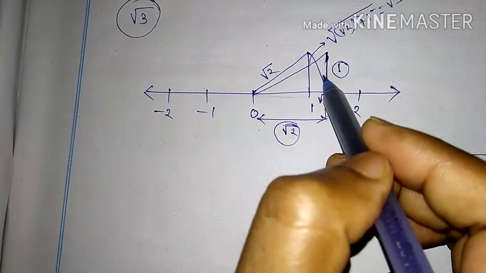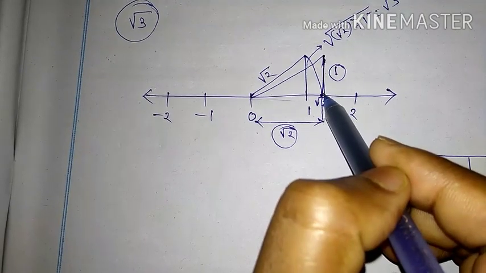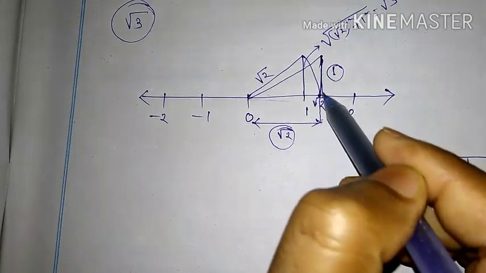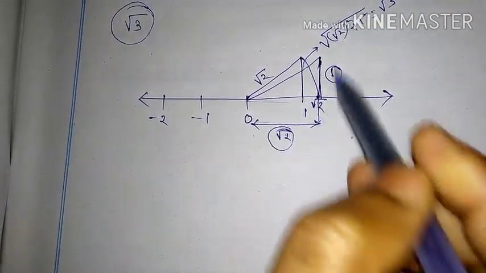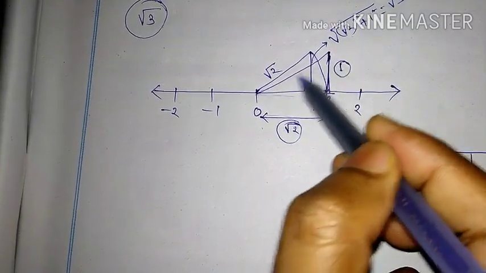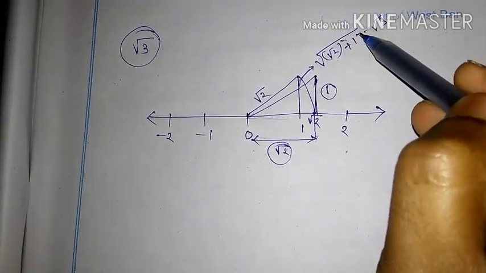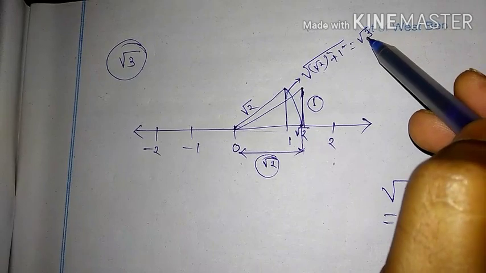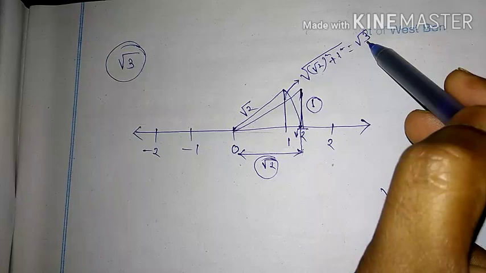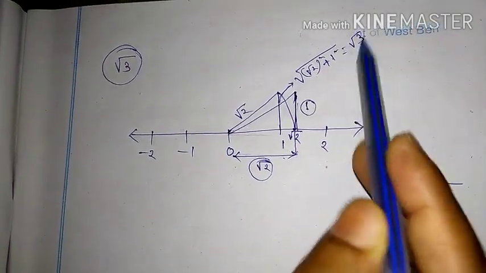The length of the perpendicular is always 1 when plotting any irrational number. Now the length of this hypotenuse is root of root 2 square plus 1 square, which is equal to root 3, according to the Pythagoras theorem.